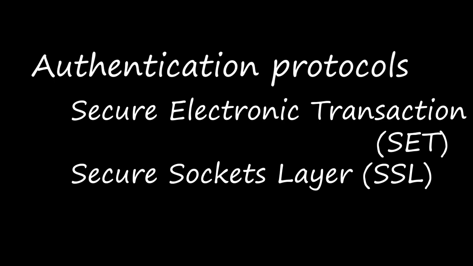Whenever a transaction or an online purchase is done, there will be a customer, a seller and a payment gateway, right? Here the customer will share the order information with the seller, but they will not reveal the payment details there.